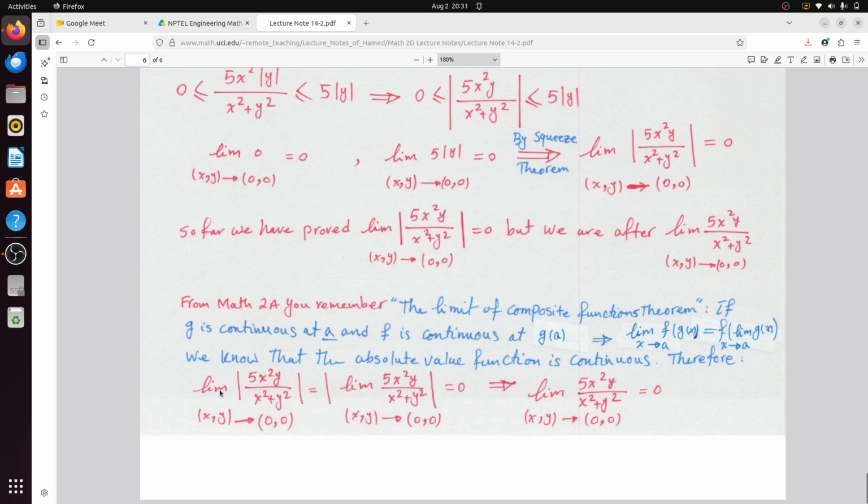So now the limit as (x,y) tends to (0,0) of 5x square y by x square plus y square is equal to 0. You take the limit inside, and this will give you 0.